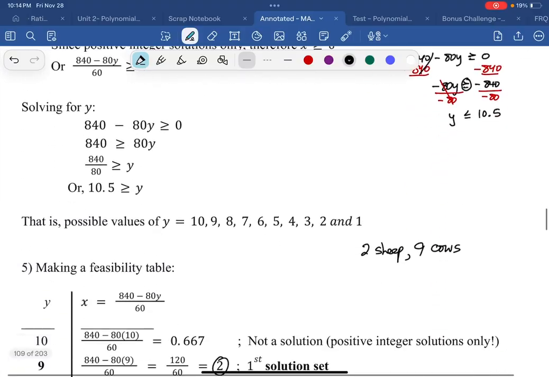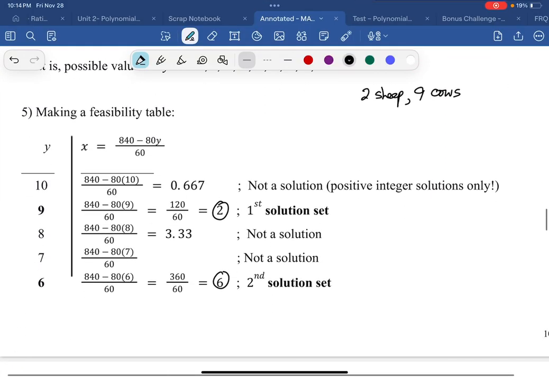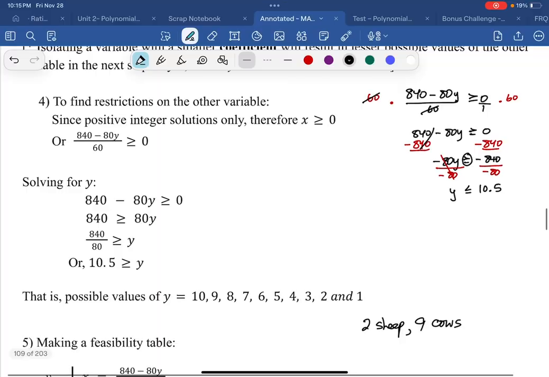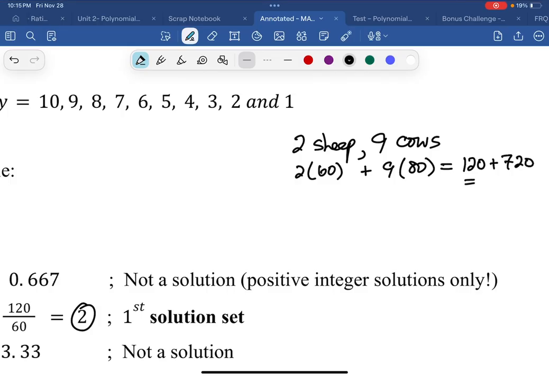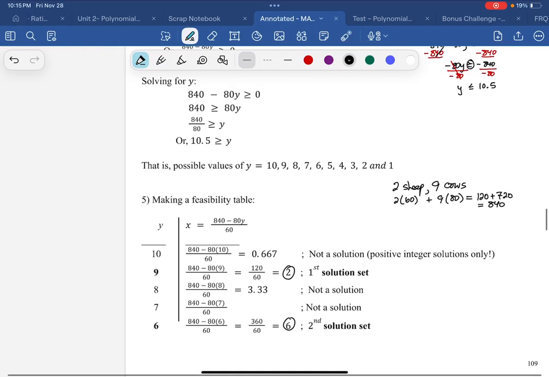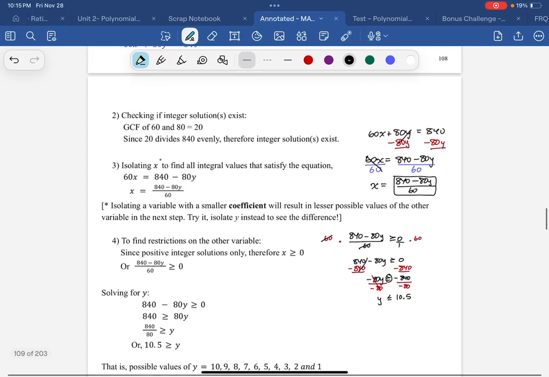So it was 60 and 80. $60 on the sheep, so 2 times 60 is 120, plus $80 on the cows, 9 times 80 is 720, so 840, which is, I believe, what the total amount was supposed to be.